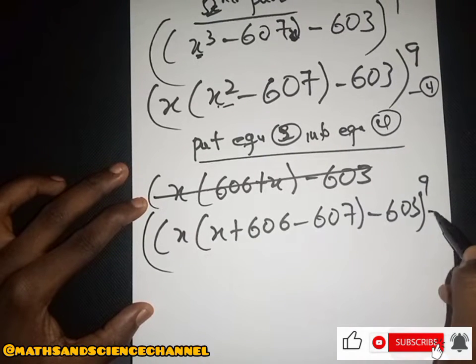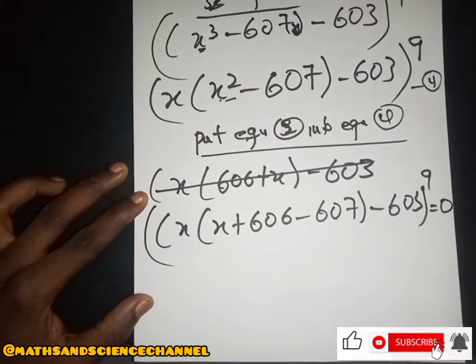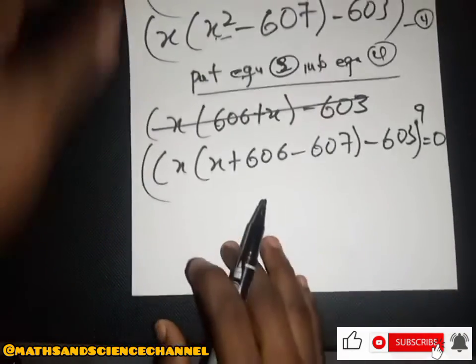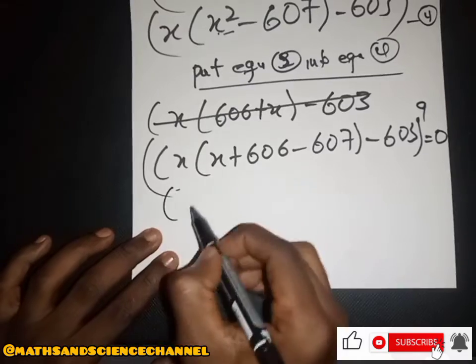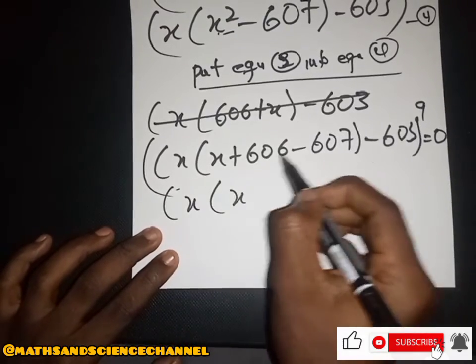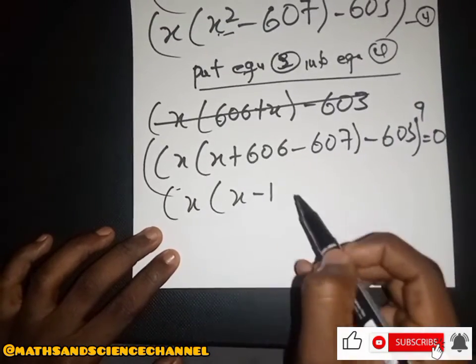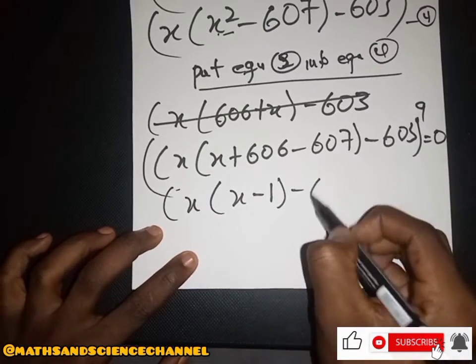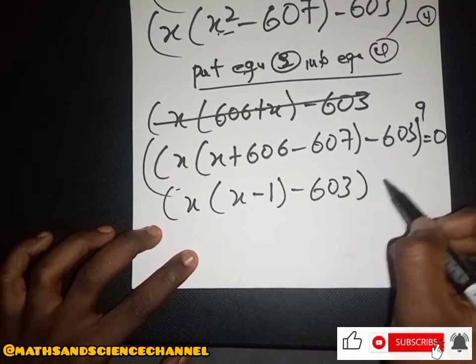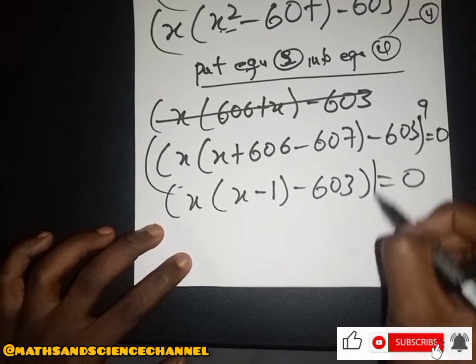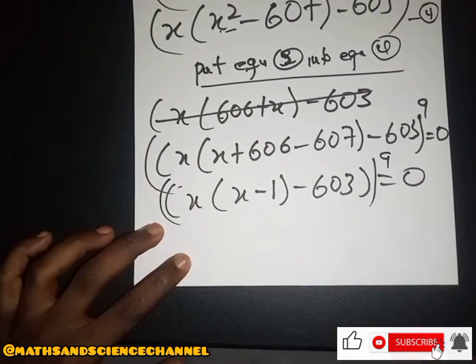So from here we have x times (606 minus 607, which is just negative 1, plus x) minus 603, and remember everything is just to the power 9.